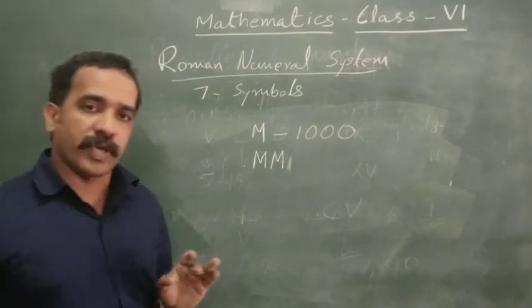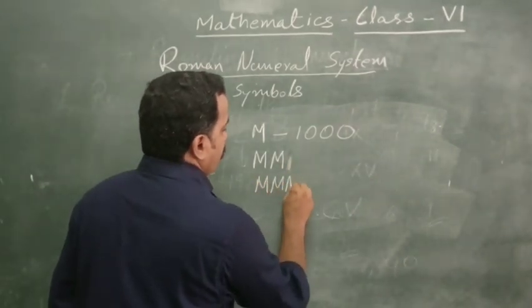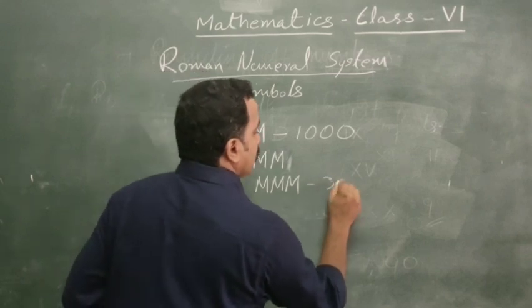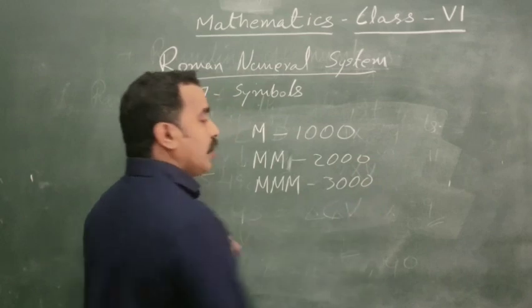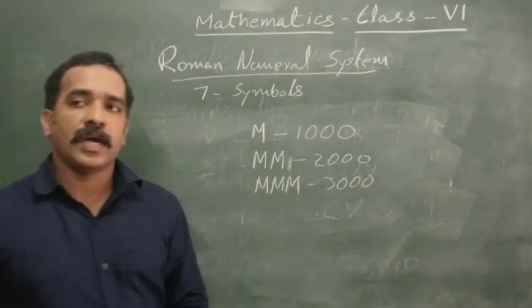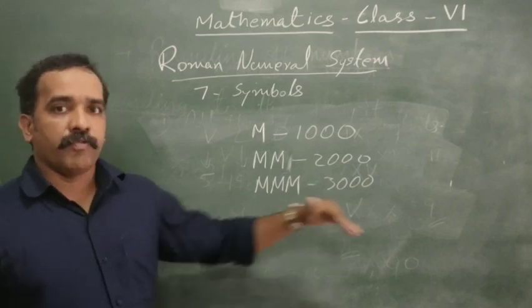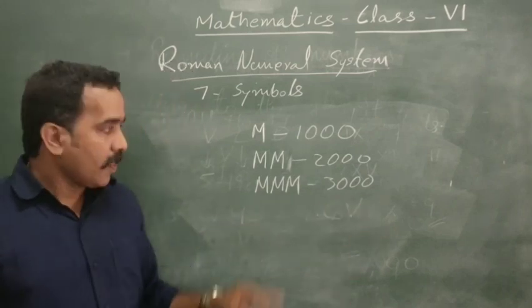This is 2000 you can write, and 3000. This time you may be confused. After this, how can we write 4000 or 5000, 6000 and all?